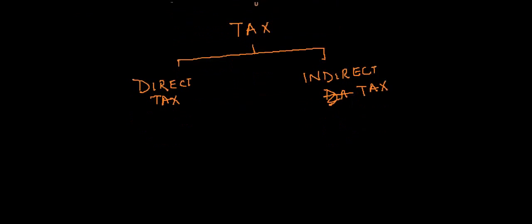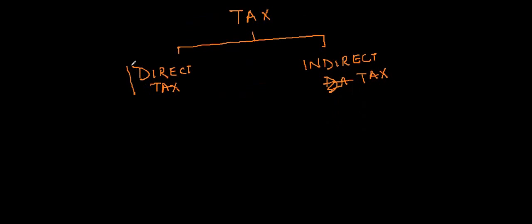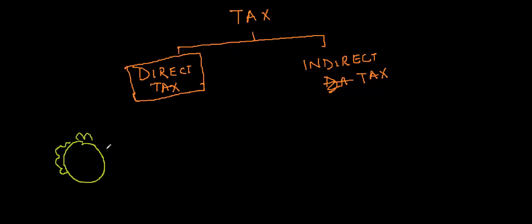In direct tax, the government simply says, okay, you are earning a certain kind of income, now come to our office or write a check to us where you will pay this tax directly. Let us give an example here. Let us give him a name, Rajan. He's a smart guy who's earning, let us say, 5 lakh of rupees.